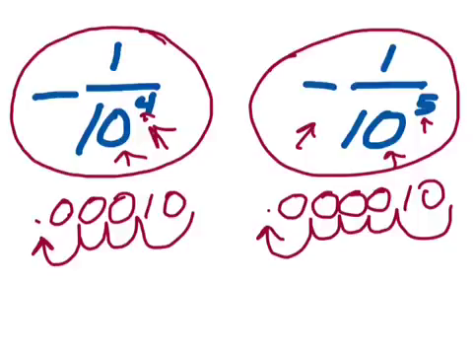Just understand this: the more zeros between the decimal and the first significant number, the smaller the value. That's the bottom line. Maybe I have to revise this video later, but in terms of absolute value, I'm absolutely sure that this one is your larger number.